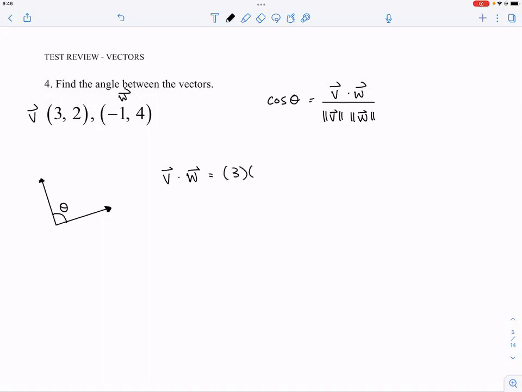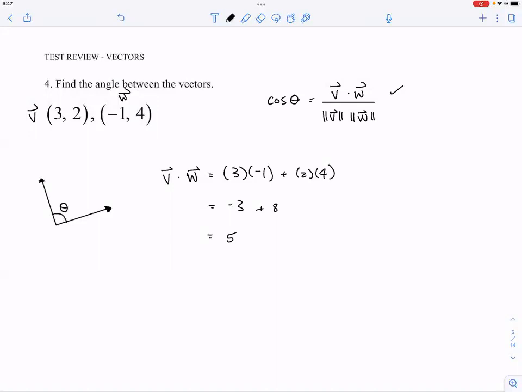Well, V dot W is 3 times -1 plus 2 times 4, so that is 5. So we got the numerator.